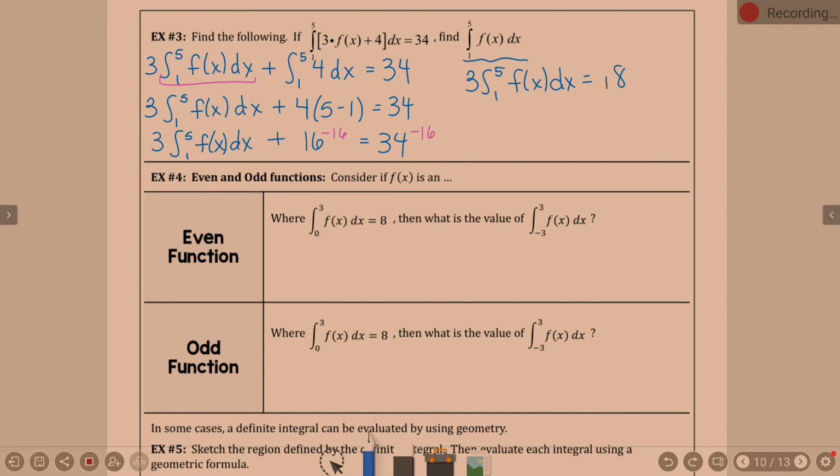And then if it's 3 times this integral, we're going to divide. So the integral from 1 to 5 of f of x dx is equal to 6. Intimidating looking, but not bad. Kind of algebra. It's algebra.